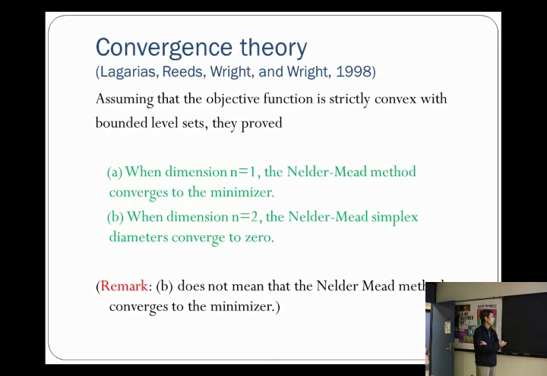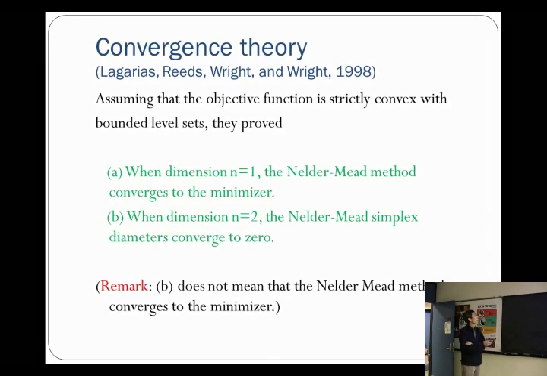Sometimes we do it in calculus. And remember, now we don't have derivative information. We don't even try to solve f prime x equals 0. So they proved in this case that under the assumptions here, the Nelder Mead method does converge to the minimizer, because for a strictly convex function, we have a unique global minimizer.